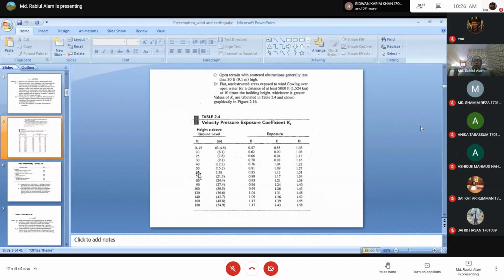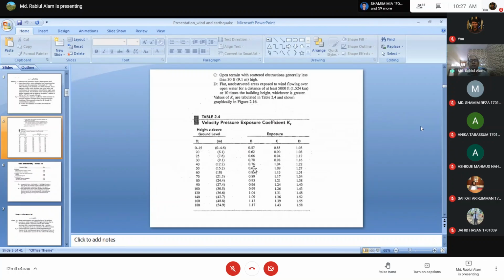And you see, due to this KZ value, along the building height, wind pressure will vary. Suppose you are considering exposure B, 0 to 15 feet height has coefficient 0.57, 20 feet is 0.62, 25 feet is 0.66.